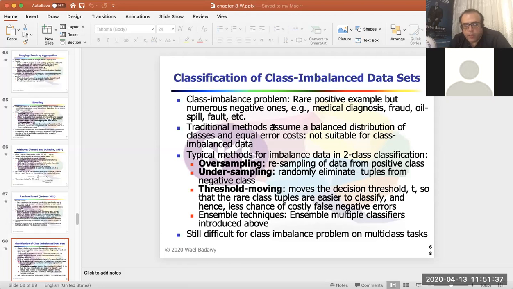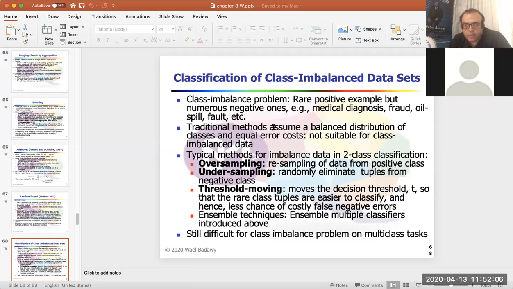So how can we handle situations where we are looking for the 200 in a million? I don't want the data to be driven always into the negative ones. So I assume a balanced distribution, and I will increase the weighting. There are 3 typical methods for imbalanced data.